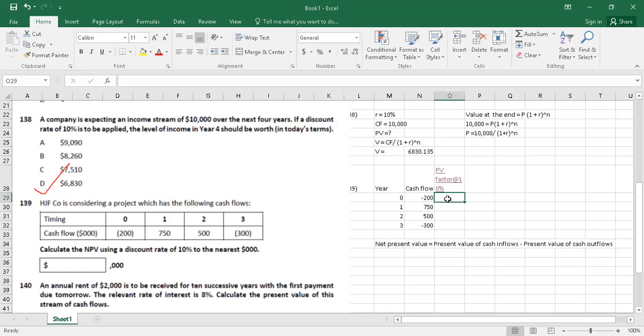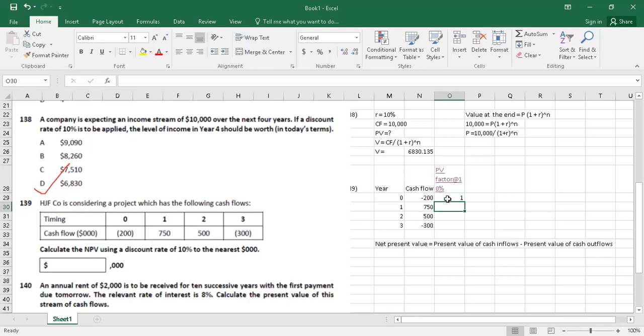Here, 1 plus r whole to the power of 0. Anything to the power of 0 is always equal to 1. So irrespective of the rate given, the present value factor in the 0th year is always equal to 1.